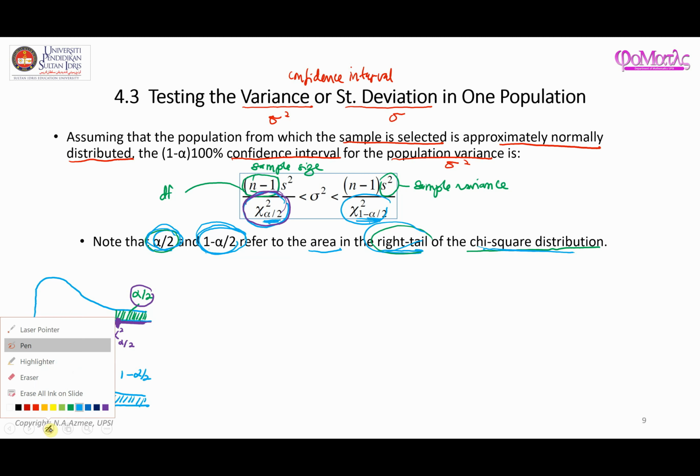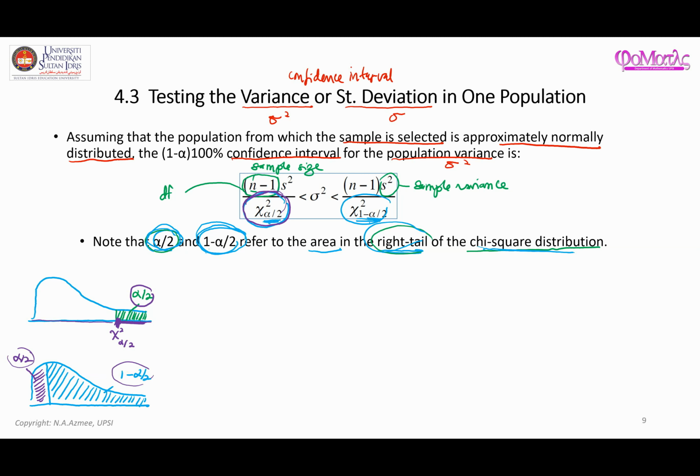Notice that, as I said earlier, the area under the curve is equal to 1. So if the blue area is 1 minus alpha over 2, you will see that this area is going to be alpha over 2, because when you add them up, the total area must be equal to 1. That's just an additional point. However, if we talk about this specific symbol, chi-squared 1 minus alpha over 2, what it means is the point at this particular position on the horizontal axis.